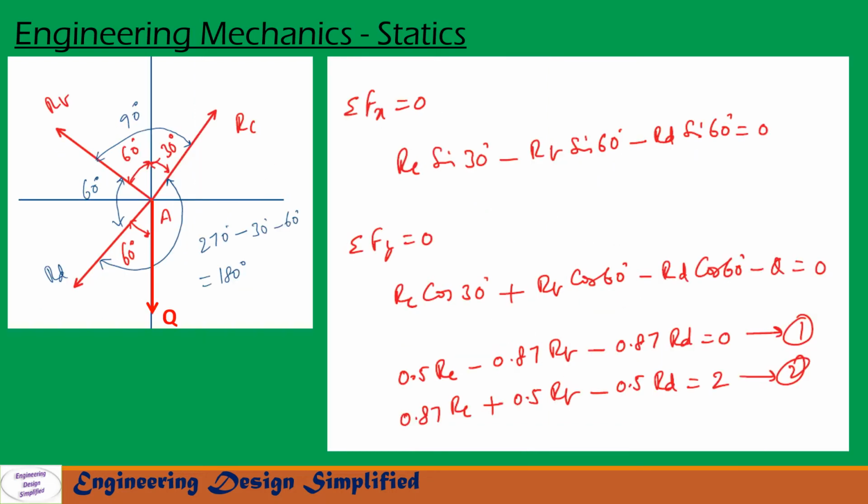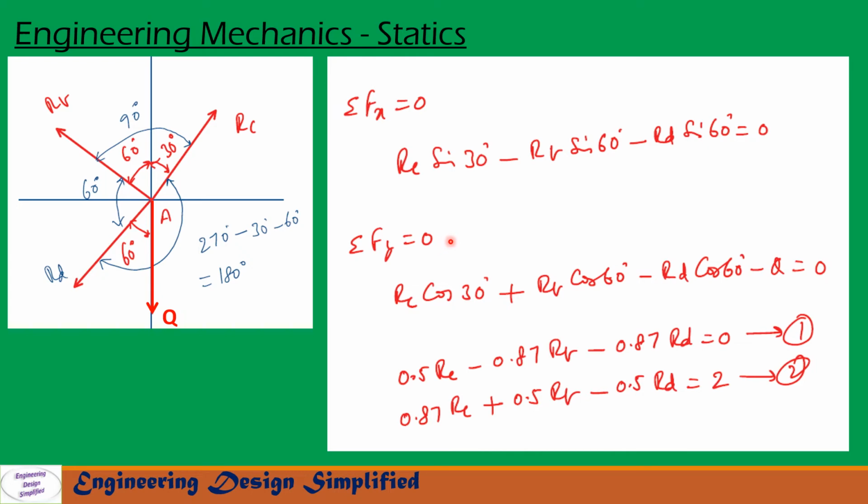Now let us resolve all these forces and reactions along the X and Y directions. First, along the X direction, sigma Fx equals 0. So RC sin 30, that is the horizontal component, minus RB sin 60, the horizontal component, minus RD sin 60 equals 0. Now let us resolve forces along the Y direction.